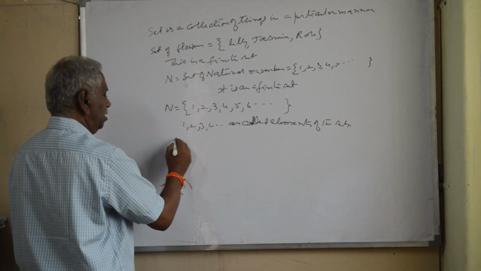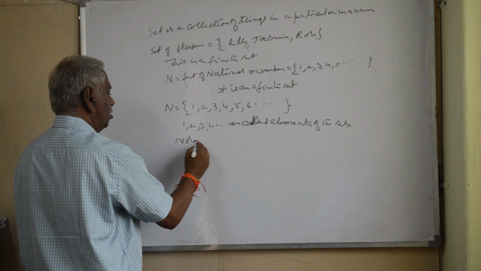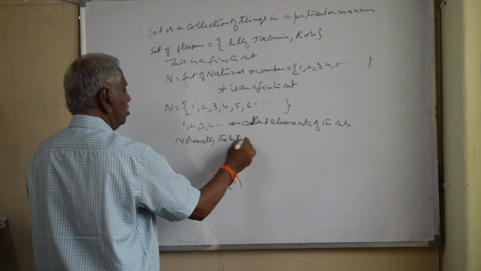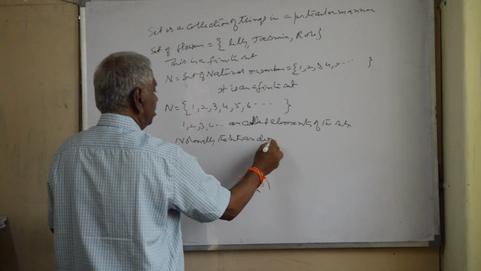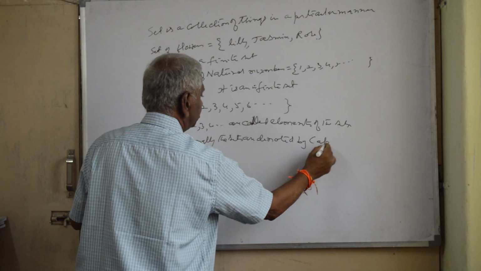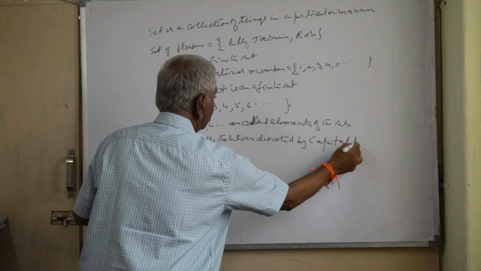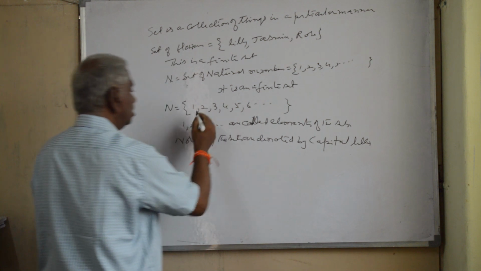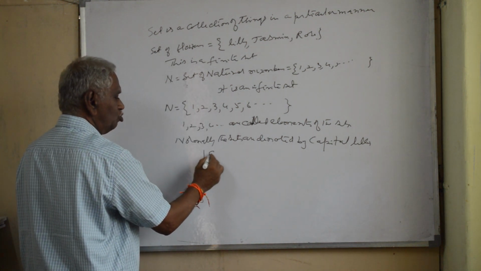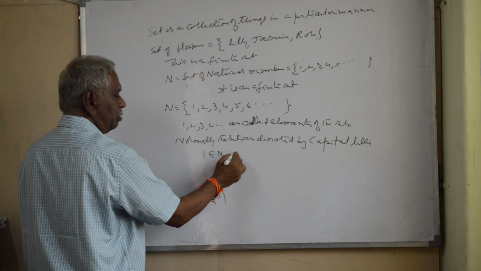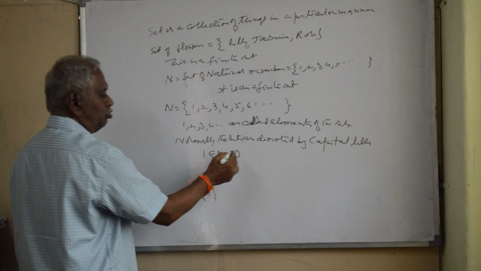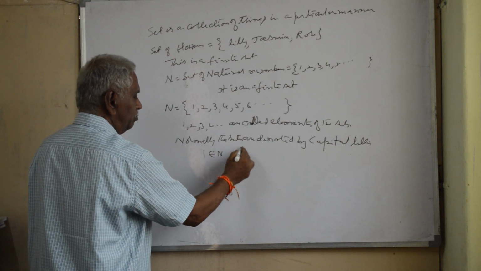And normally the sets are denoted by capital letters. Suppose 1 is an element of the set, we say 1 belongs to N. Suppose we take 0, but 0 does not belong to the set. So we say it does not belong to the set.